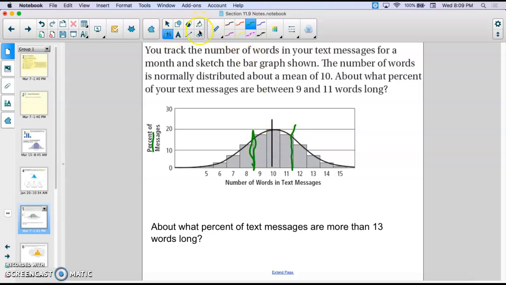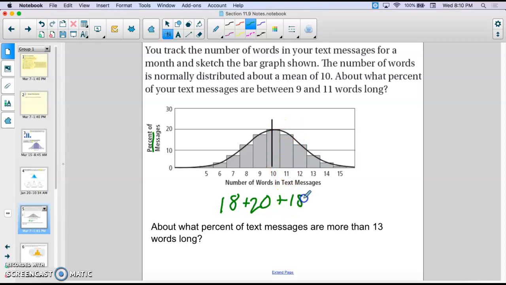If we look at the 9-word messages, that's 18%. Now how many 10-word? 20%. And then how many 11-word?